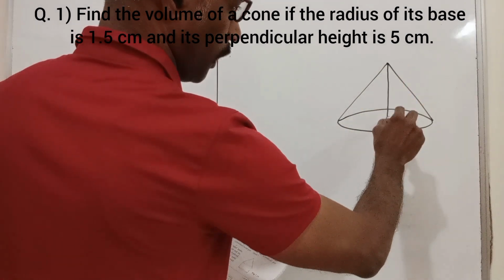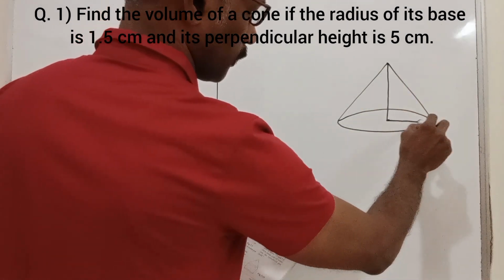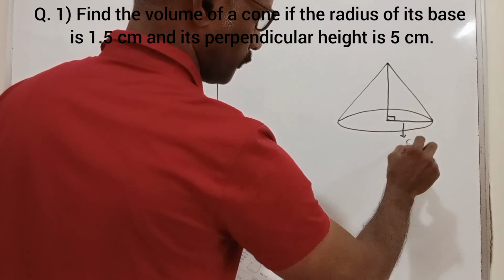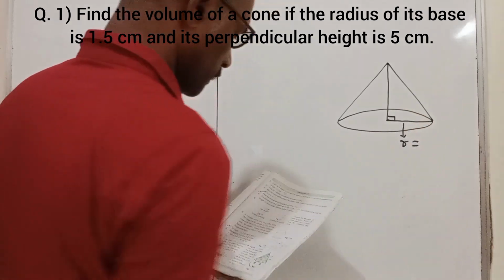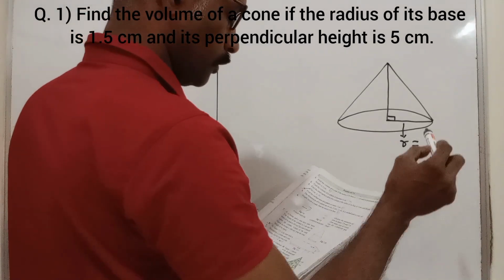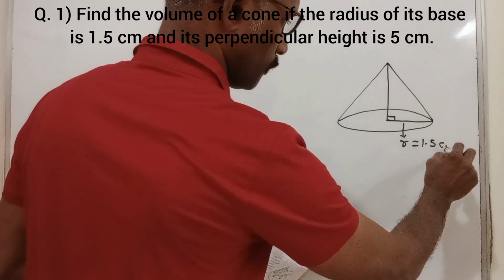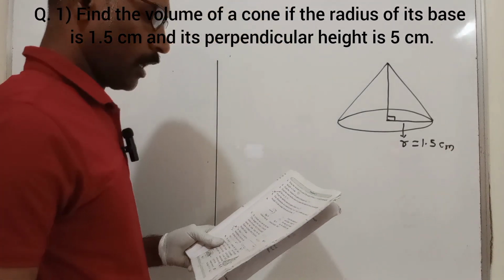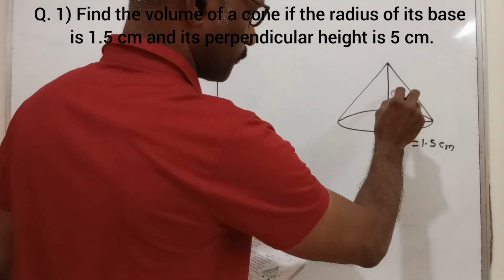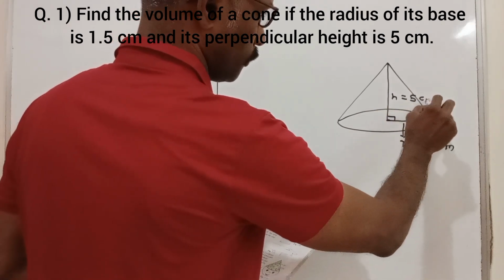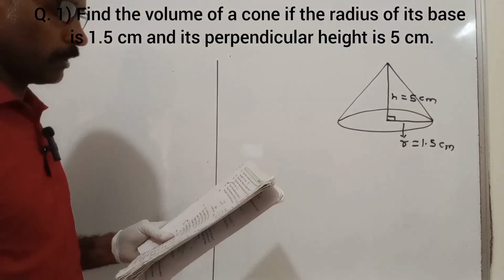Now we have been given the radius of base R, which is 1.5 centimeter, and the perpendicular height h is equal to 5 centimeter.